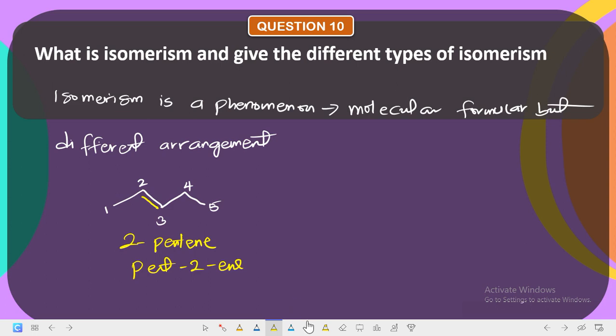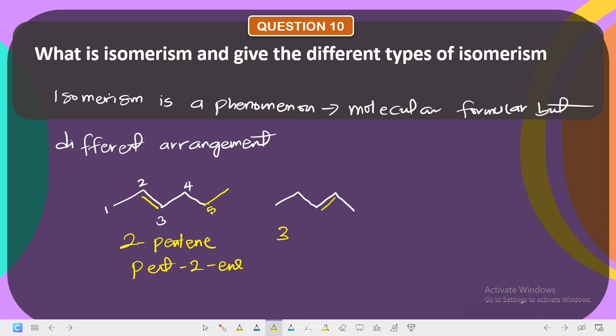Now, let's look at 3-pentene and identify the similarities and differences between these two compounds. Whichever way you draw it, it's going to give you the position from either side. So let's use hexene to illustrate this, I think hexene will be much better.